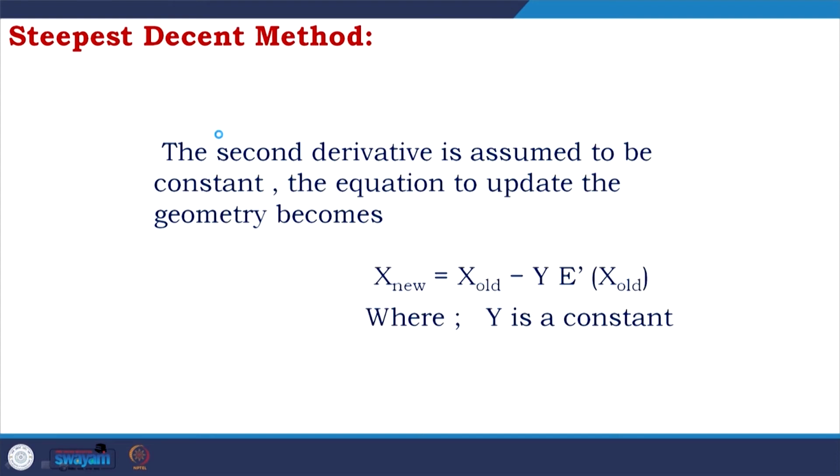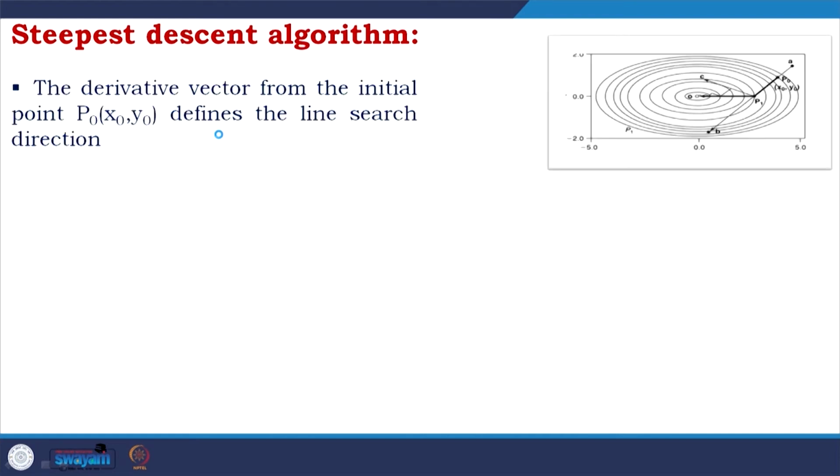In steepest descent, the second derivative is assumed to be constant. The equation to update the geometry becomes x new equals x old minus y E prime, where y is a constant. In the steepest descent, if you see the picture, it starts from the derivative vector of the initial point, which defines the line search direction.